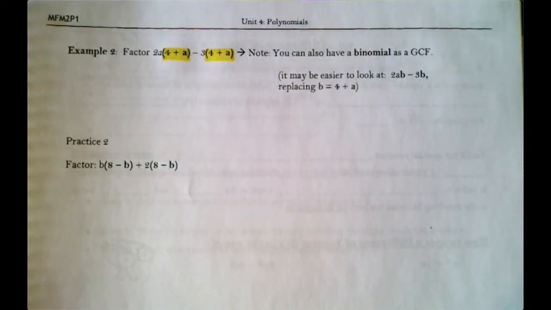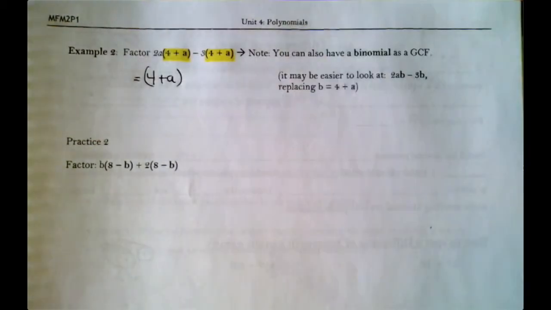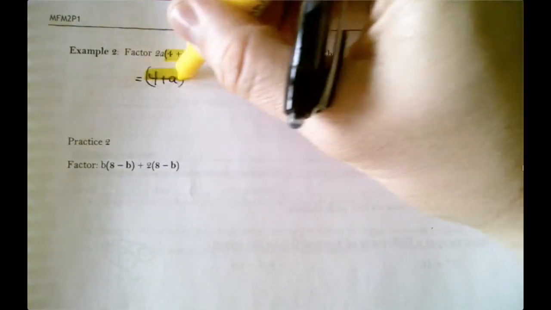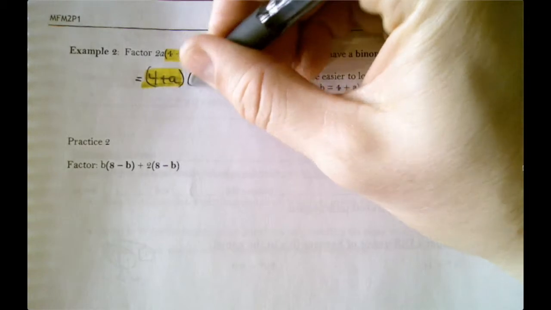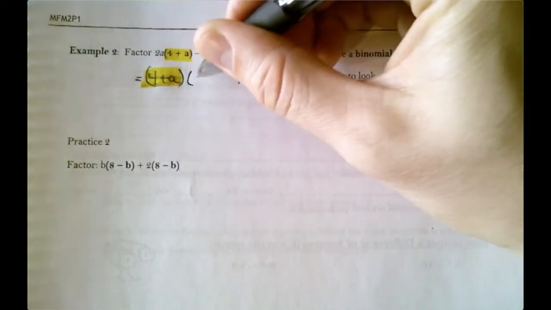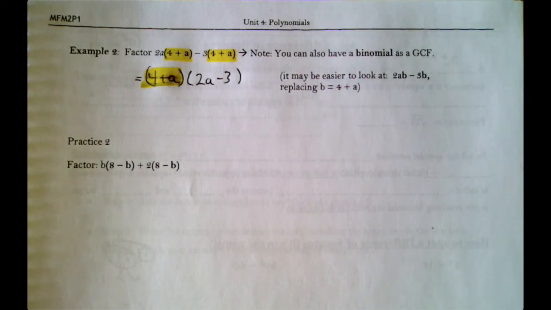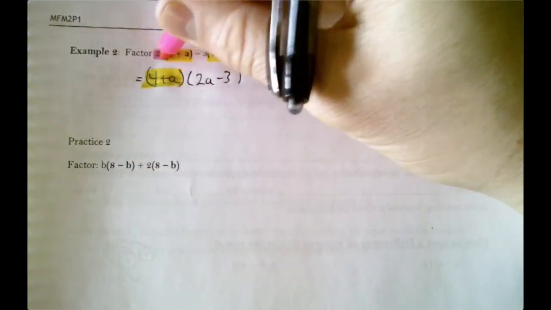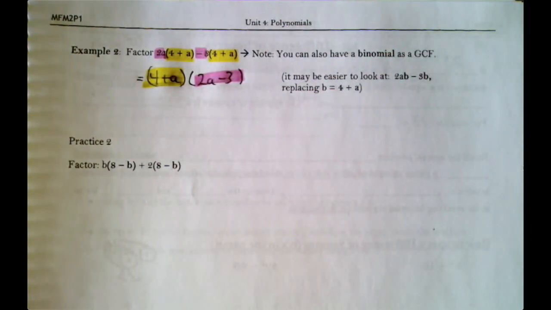So we can common factor that bracket. And write it first. And then what's left over, we write in a second bracket. 2a minus 3. And if you look, here's the second bracket. 2a minus 3. There it is.